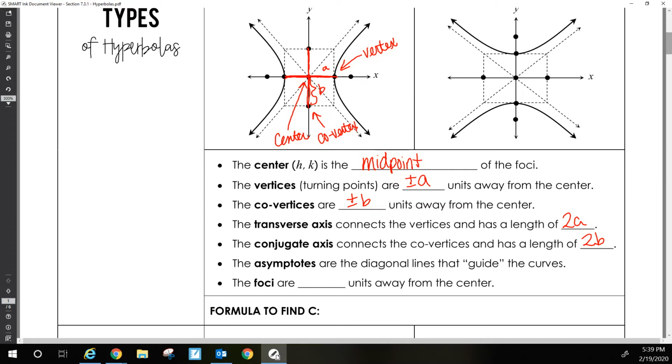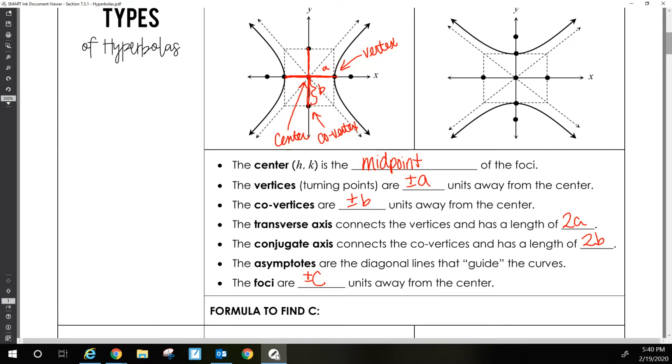The asymptotes are diagonal lines that are like guidelines for the curve. They're not really a part of our hyperbola, but they guide how wide our parabola shapes are on either side. And they guide the curves. The foci are plus or minus c units away from the center, just like they were with ellipses.